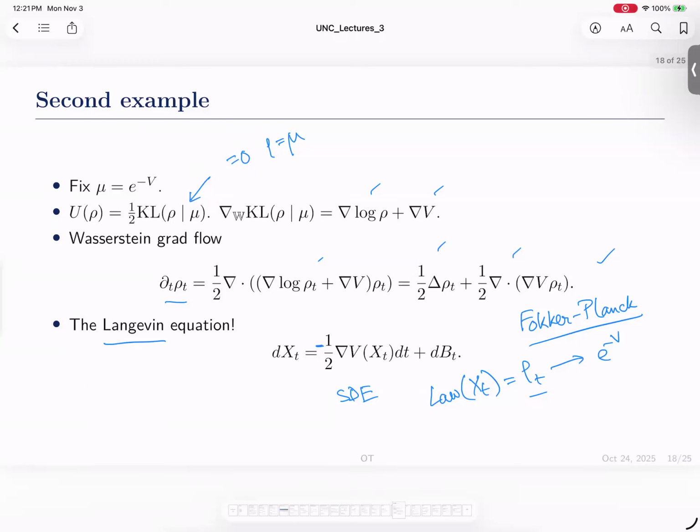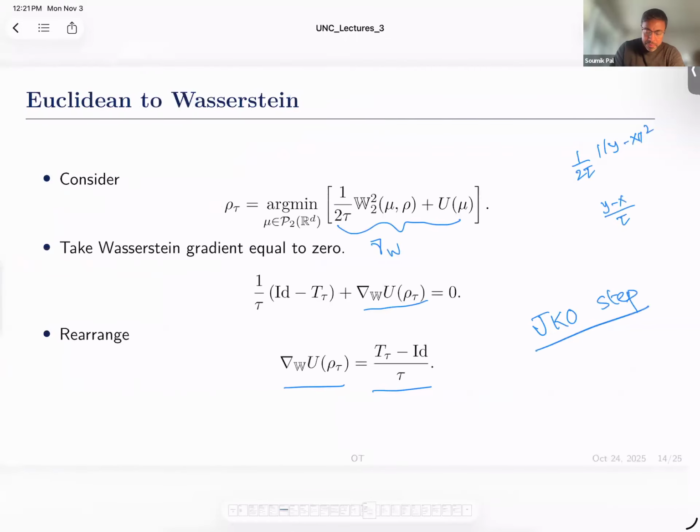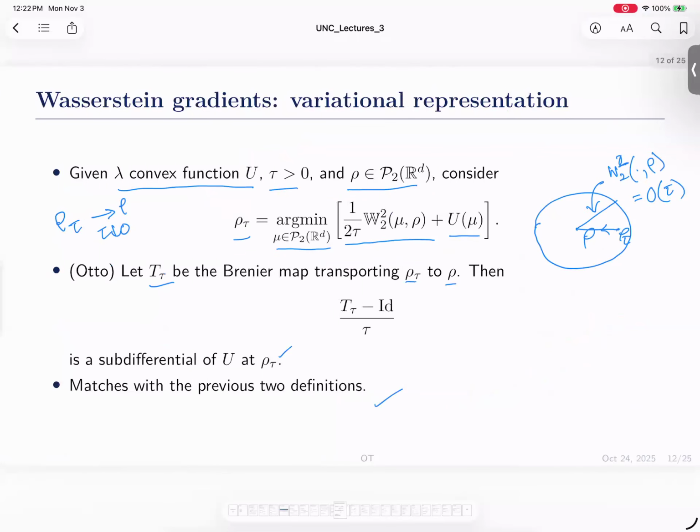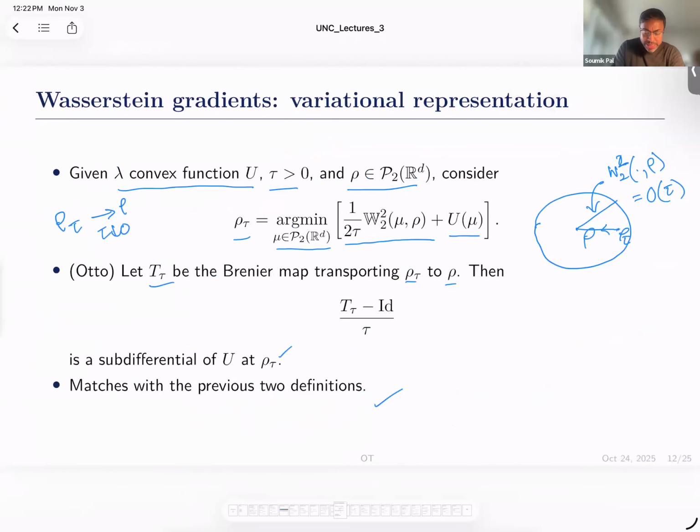Can I ask a question? Yes, please. When you define the subdifferential via the statistical or the optimization method, what if I want the subdifferential at a different point other than the local minimizer? Oh, okay. So you mean this one, right.